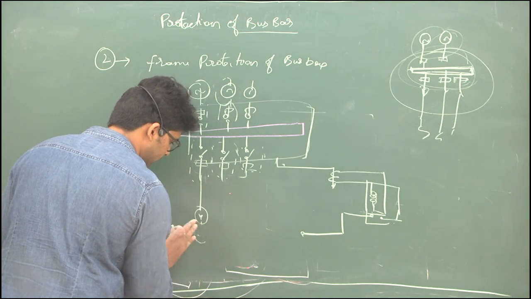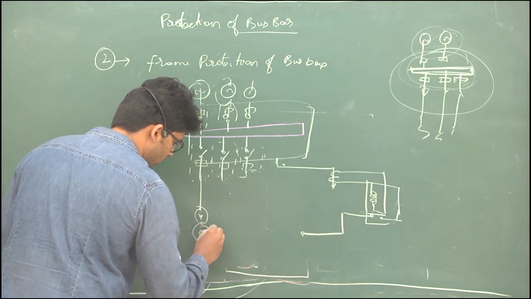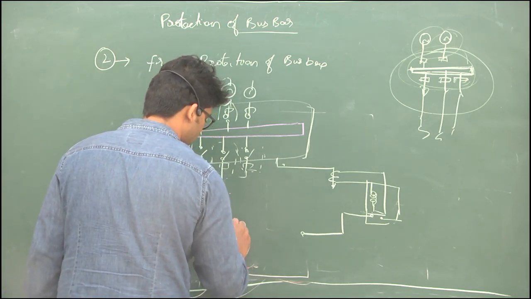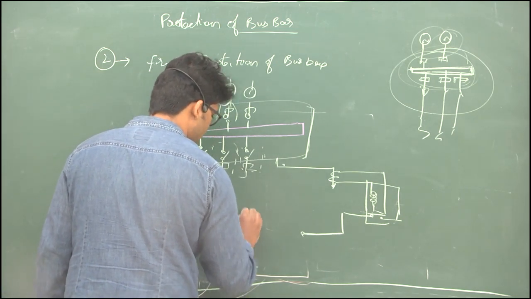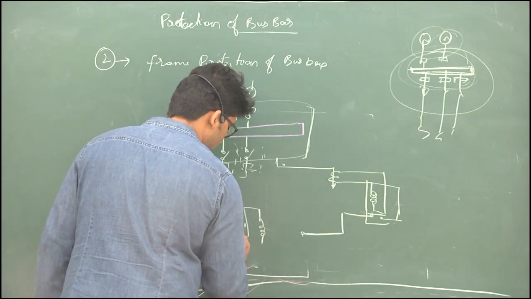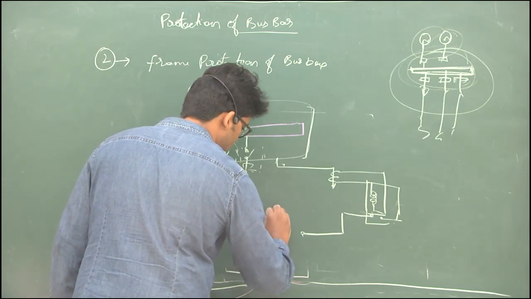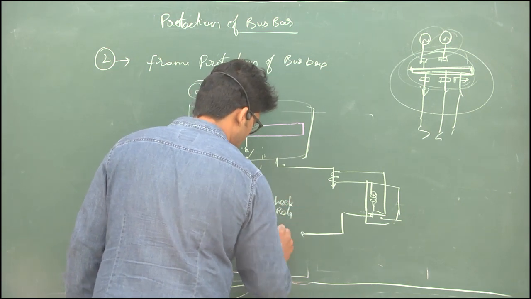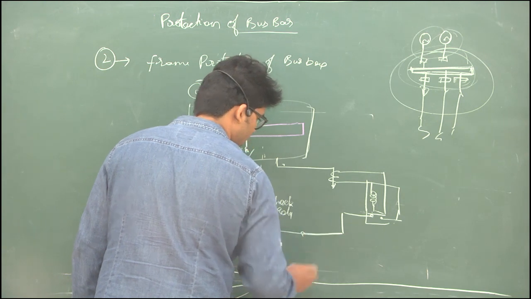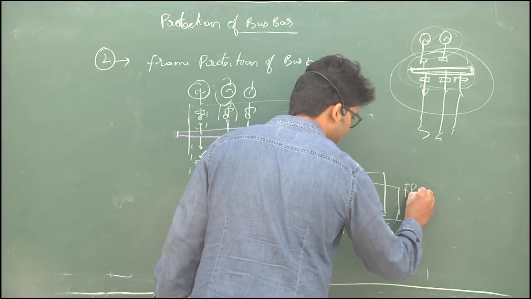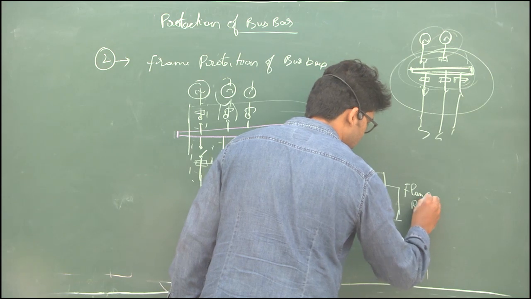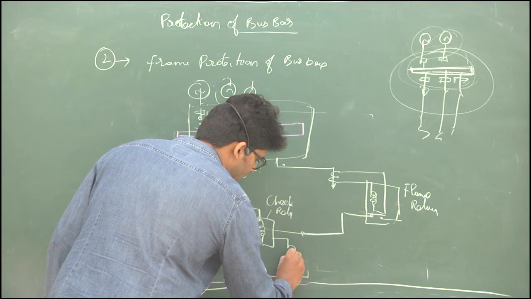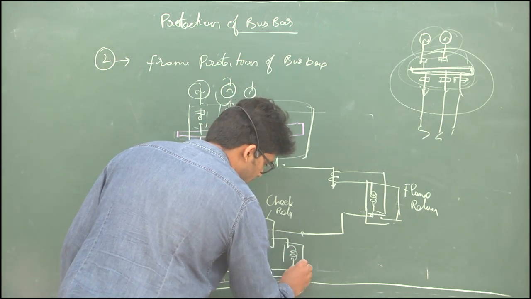Let us take this incoming transformer. We'll again have a CT here, which is fed to a relay. This is the check relay, and we connect it here, and this is the frame relay. The check relay and frame relay are internally connected to the main relay to operate.